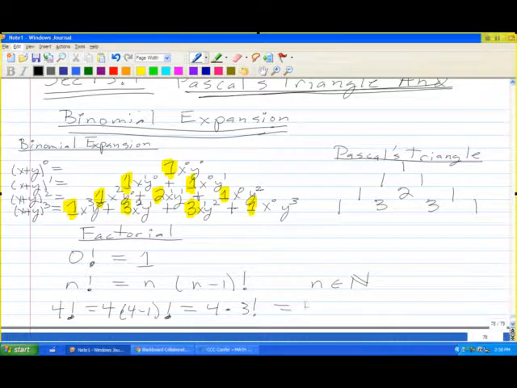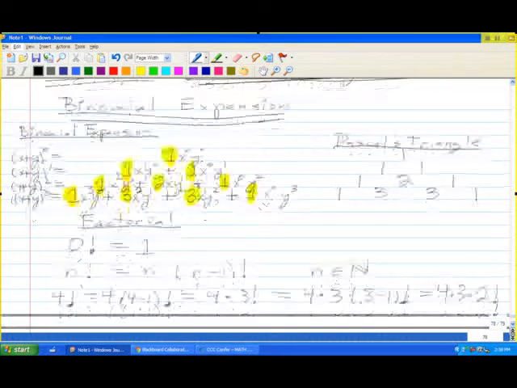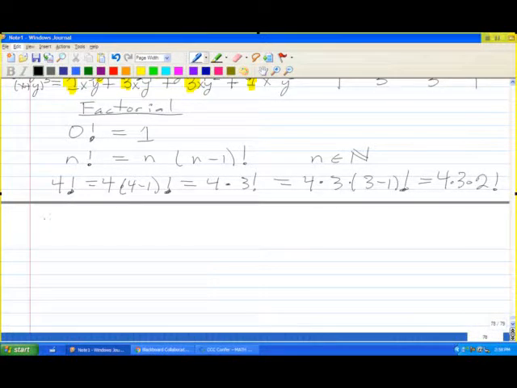But 3 factorial is 3 times 3 minus 1 factorial. And so this is 4 times 3 times 2 factorial. But 2 factorial is 2 times 2 minus 1 factorial.